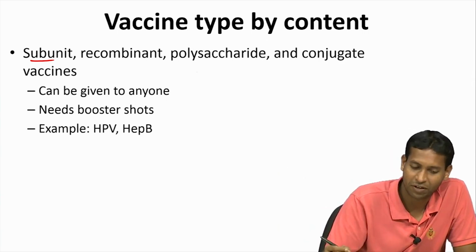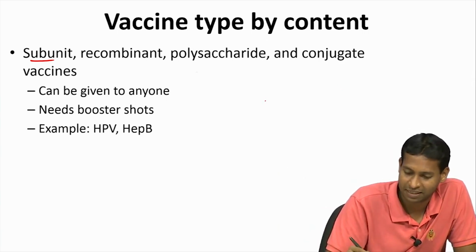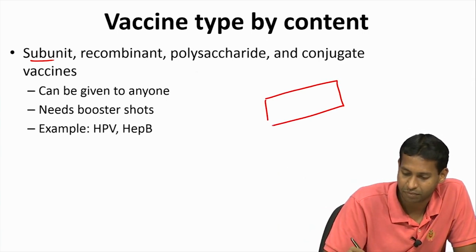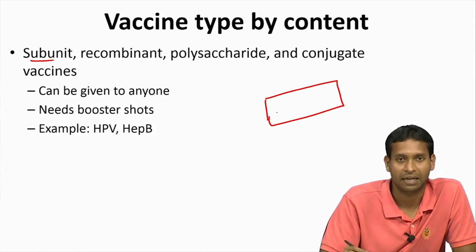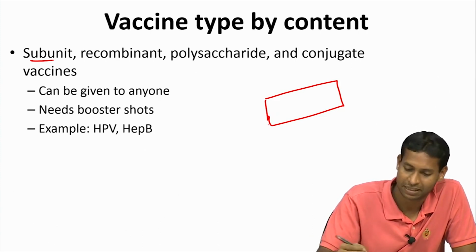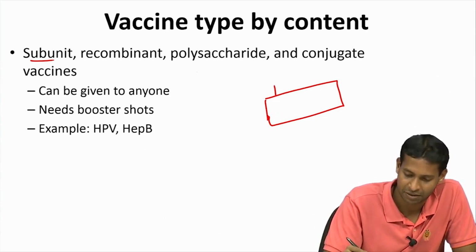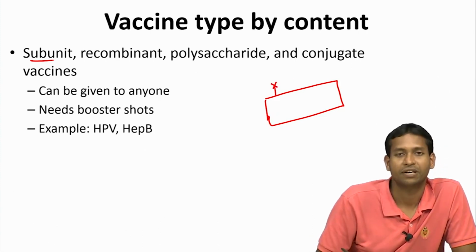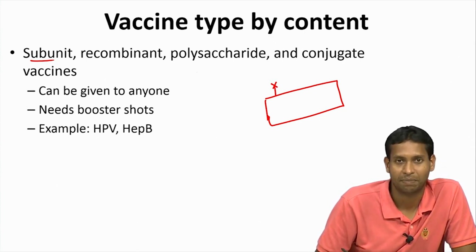Basically what we are talking about in subunit vaccines is, let us say this is a bacteria. We know that bacteria has lots of proteins, and some proteins may be conserved in a pathogenic bacteria. Let us say there is a protein X that is fairly conserved on this pathogen.